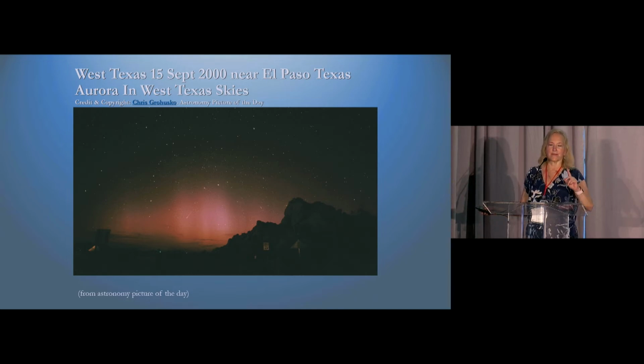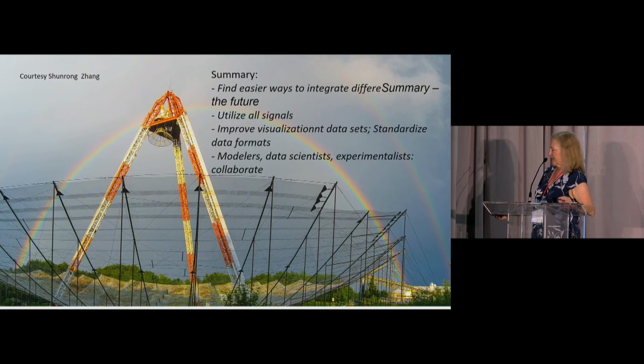So just remember, even though you think of the aurora as something at high latitudes, during big storms, it can come down even as far as Texas. And remember, I was going to end with a rainbow. Just remember, everything in my career has really been based on stuff I learned pretty early on as a child.